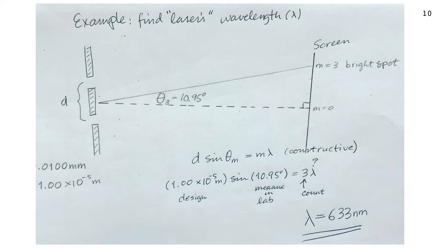All right, so this is times 10 to the minus 5 meters. Okay, now our master equation is d sine theta subscript m equals m lambda for constructive.